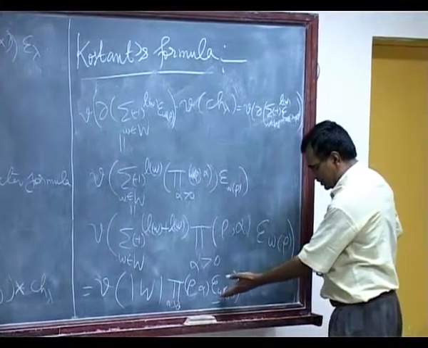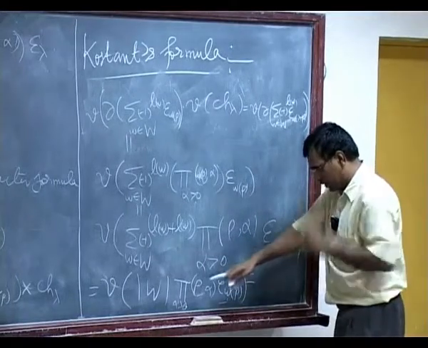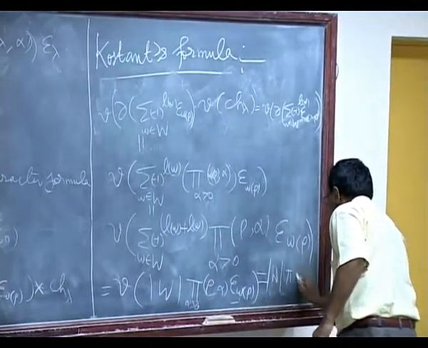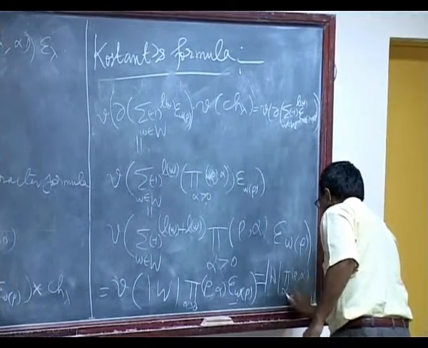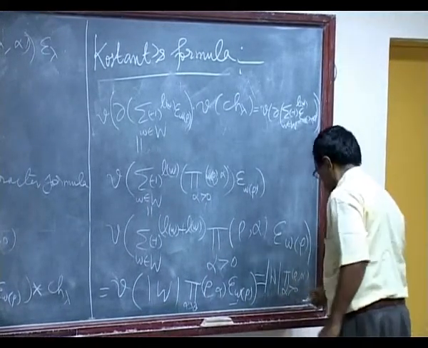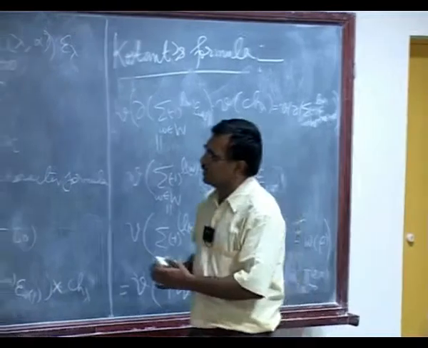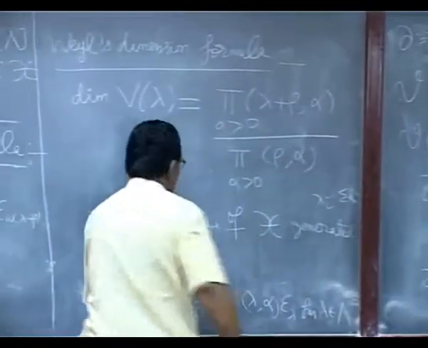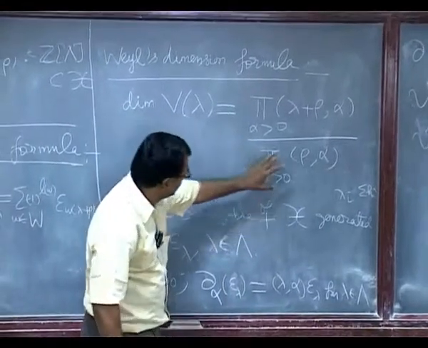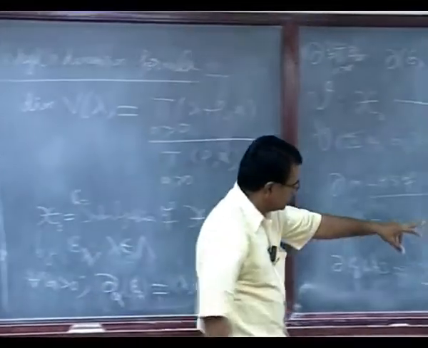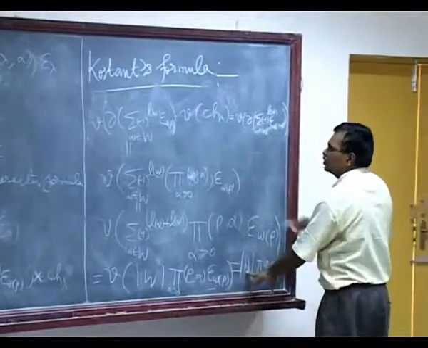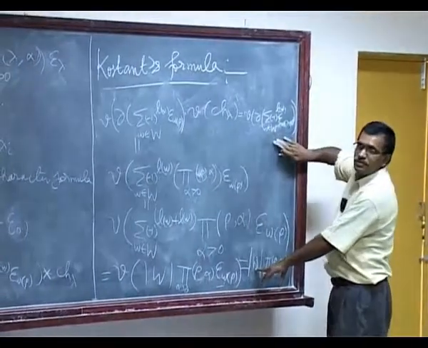So, every time, this is 1. So, what I am getting is simply the alpha, alpha positive. And you see, just look at that. So, here this is what I am getting with the order of the Weyl group. But now do the same thing here.